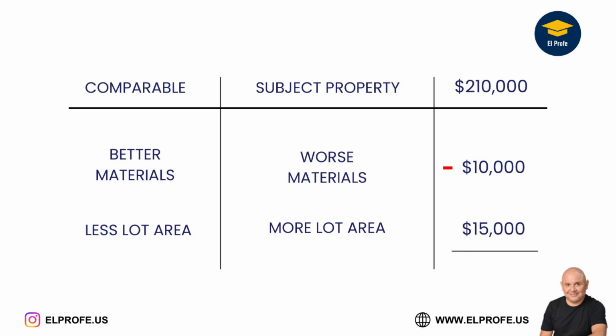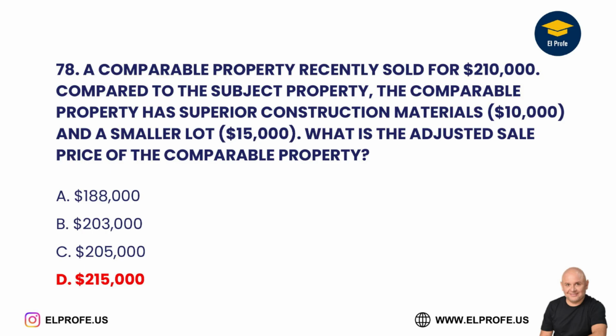Whatever is worse or less on the comparable, I add. So, how much did the comparable property sell for? $210,000. Look here. Subtract $10,000 for superior materials and add $15,000 for the smaller lot. And there is your answer, $215,000. That is the logic behind this.